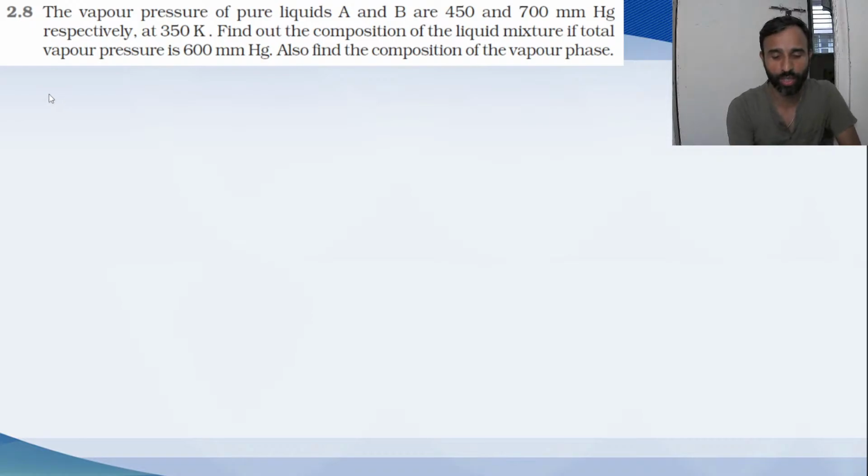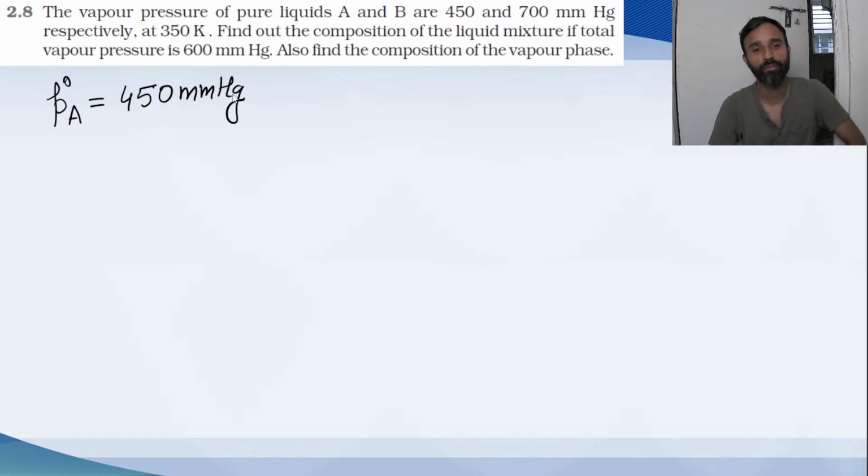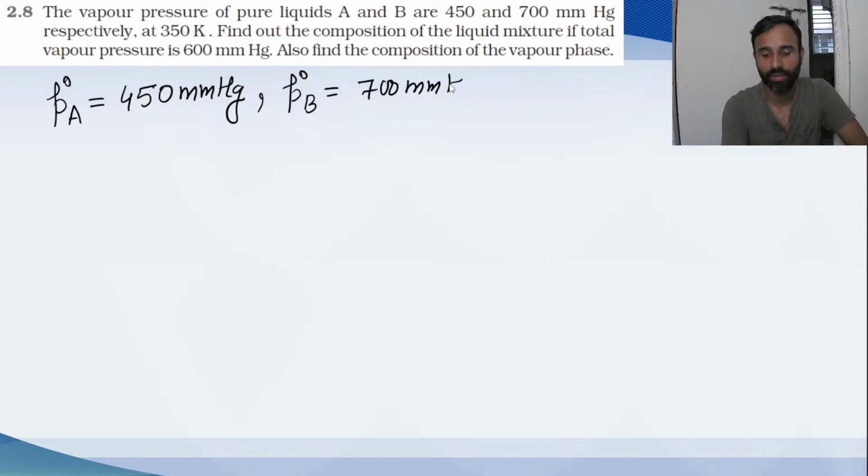Vapor pressure of pure liquid P naught A is 450 mm Hg. P naught B is 700 mm Hg at 350 Kelvin.